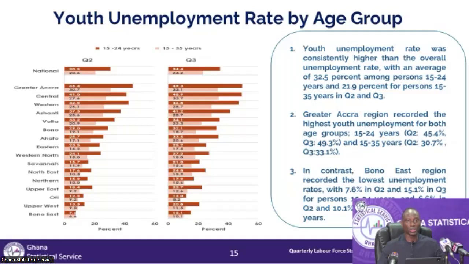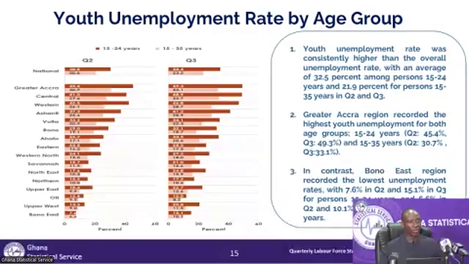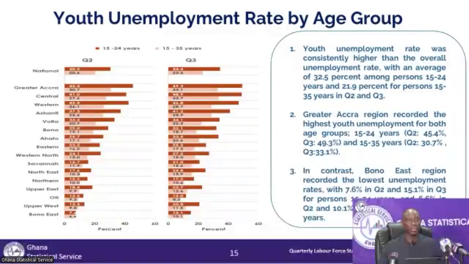So the way we can contextualize this is to relate this to the national unemployment rate. So if nationally, the unemployment rate is 13%, and we have the youth who are within the age bracket 15 to 24 years, recording unemployment rate of 34.4% in Q3, then that's quite high, way higher than the national average.